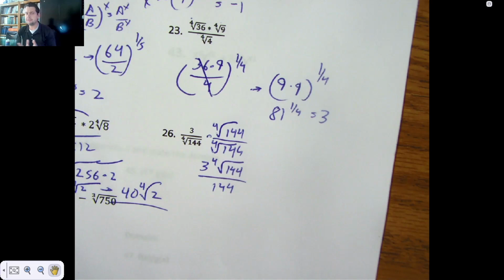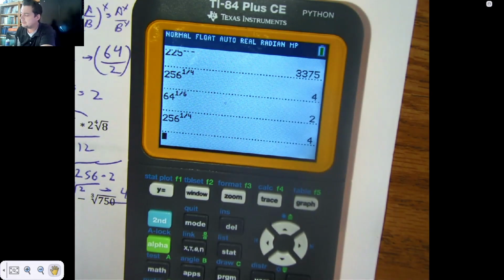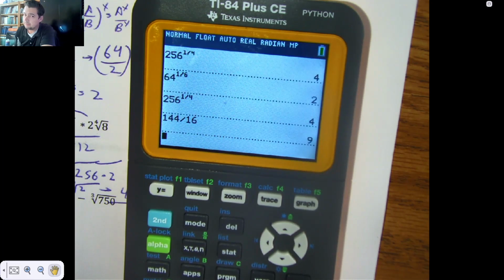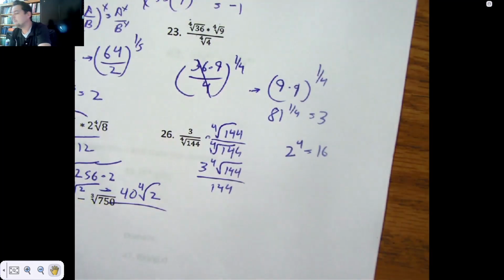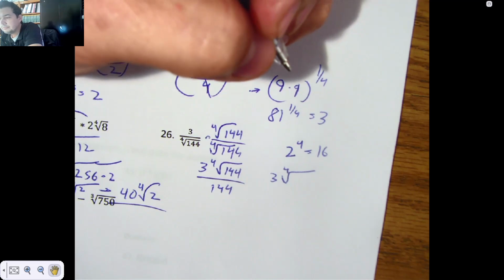Twos are great for things like this. 2 to the fourth, last I checked, was 16. And I'm quite confident that 144 is divisible by 16. It should be 9, right? It is. So I think about this top radical as being the 16 times 9.